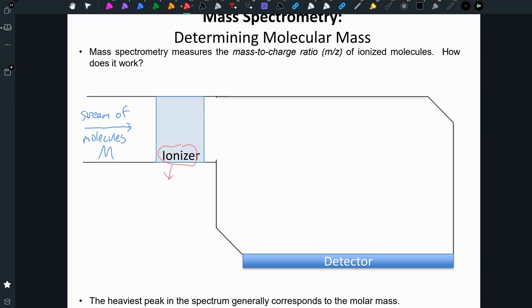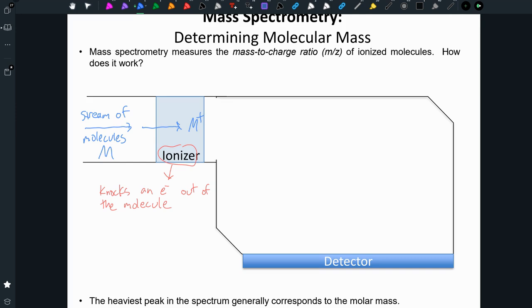This will essentially knock an electron out of my molecules. So as it goes through the ionizer, it turns into M plus.